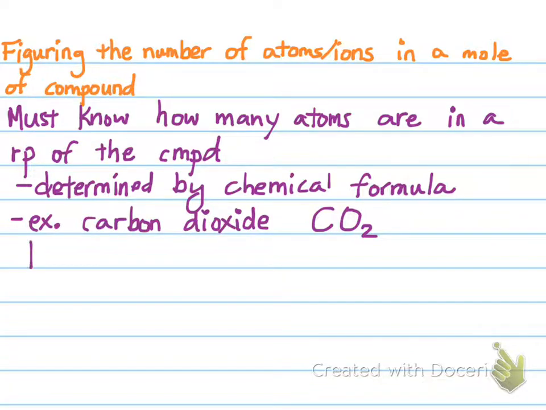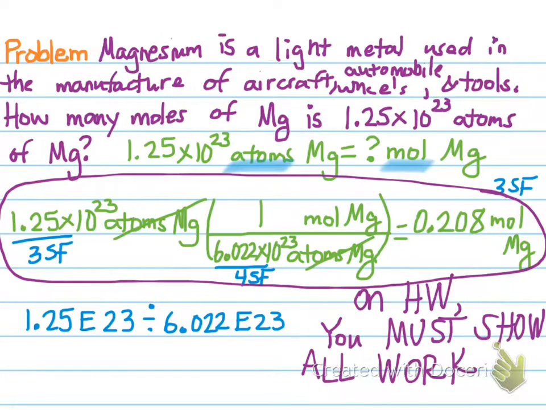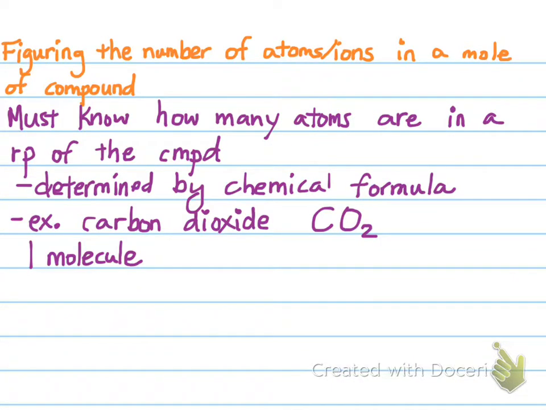So, 1, and we would call this a molecule, right? Because this is a molecular compound. And again, our representative particle of a molecular compound is a molecule, right? So 1 molecule of carbon dioxide has how many carbon atoms?